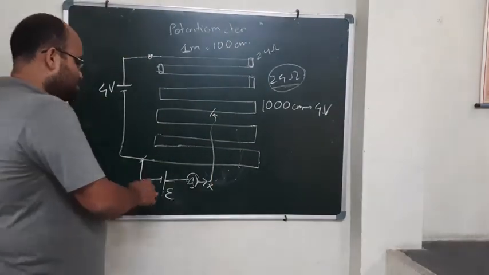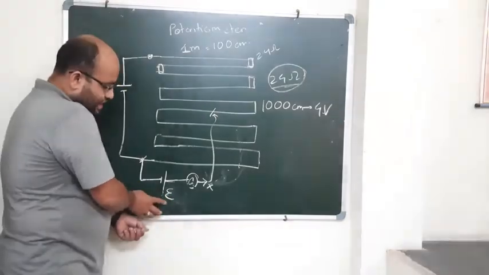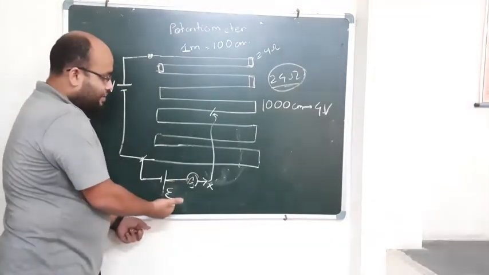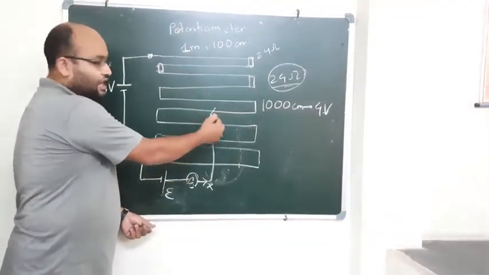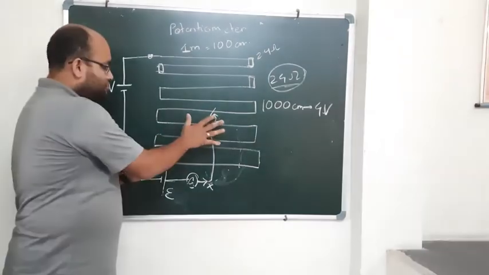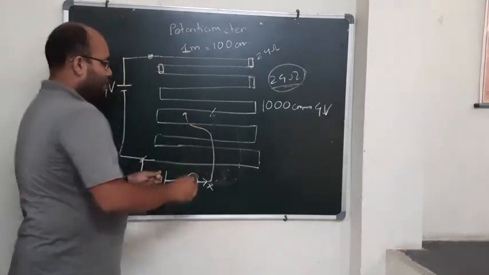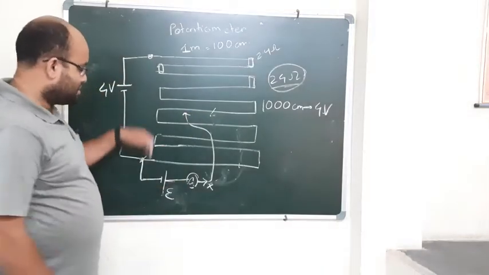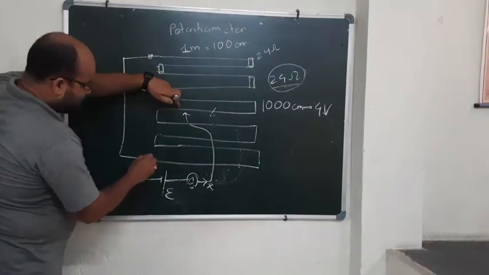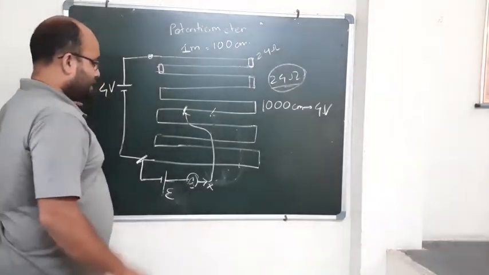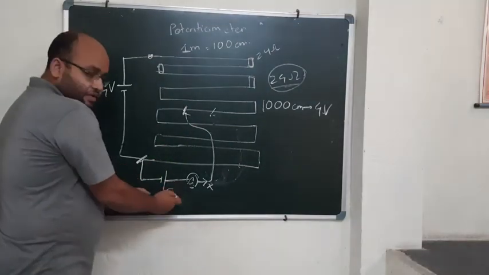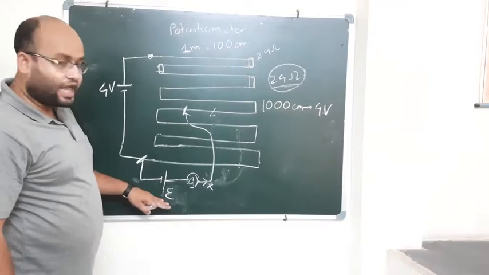Now when measuring this unknown EMF, I have to search for the null point. Suppose I connect this pointer here and get a null point. That means the potential difference between this point and this point is equal to the EMF of this cell. Why do I get EMF?